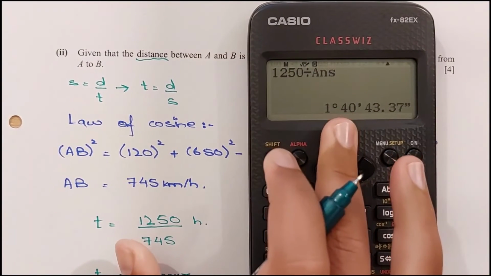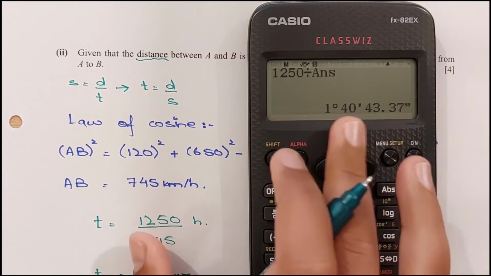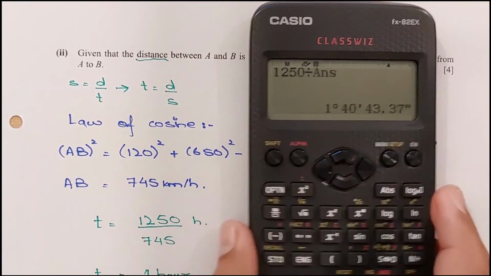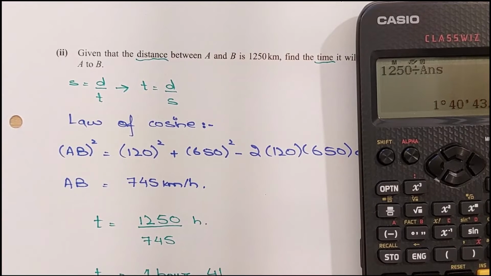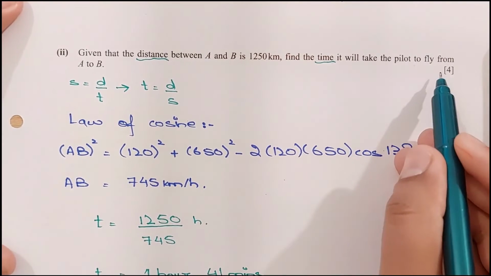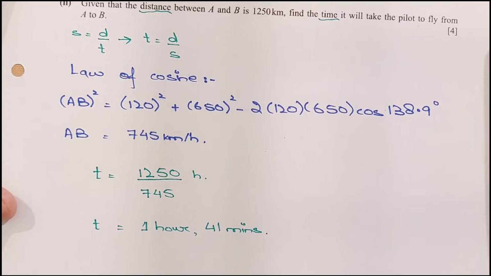So we have 63 seconds, which we can round because it is over half a minute, so we can round to 41. Yes, 41 minutes, right? So the time it will take for the pilot to fly from A to B is 1 hour and 41 minutes.